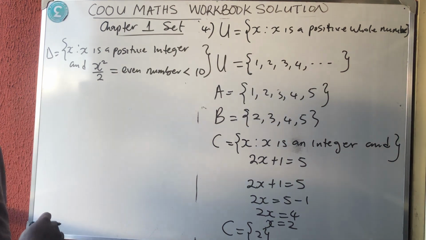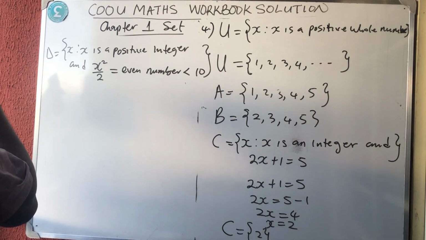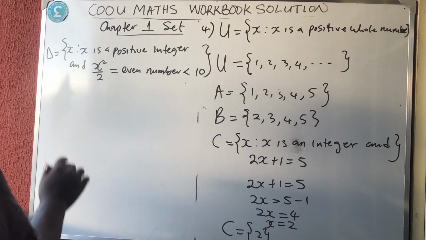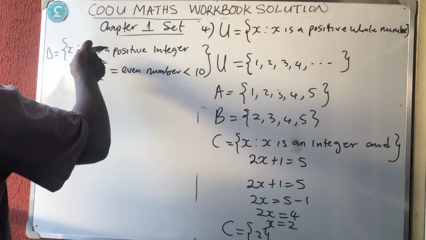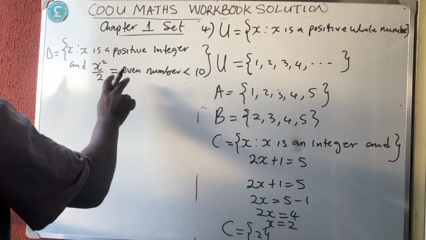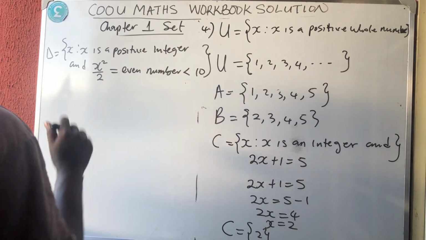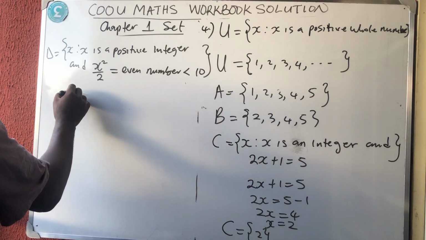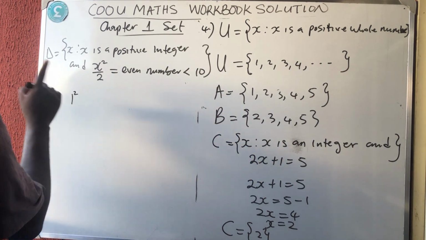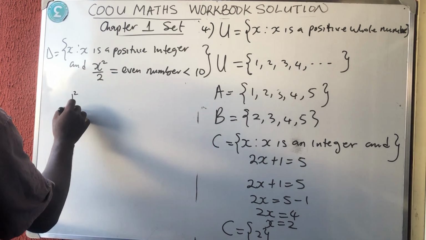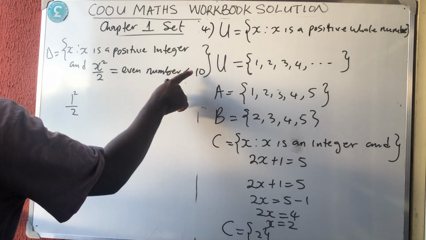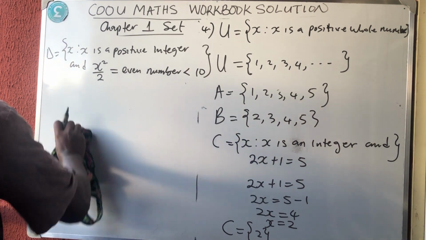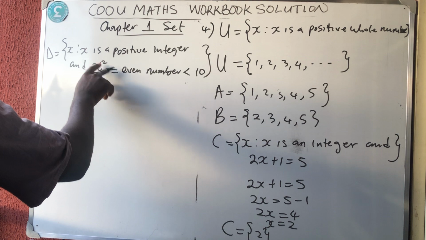So any answer you get here must be an even number that is less than 10. If we check 1 squared, that is 1, and 1/2 is not even an integer, much less an even number less than 10. So I'm going to say 2 squared is 4.